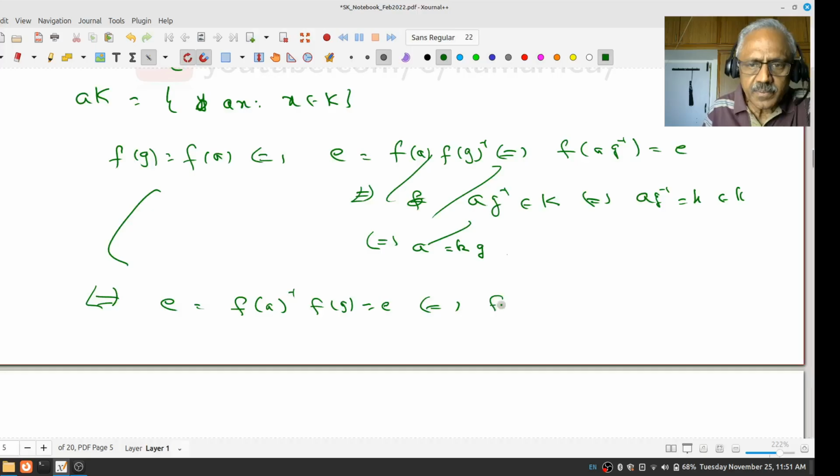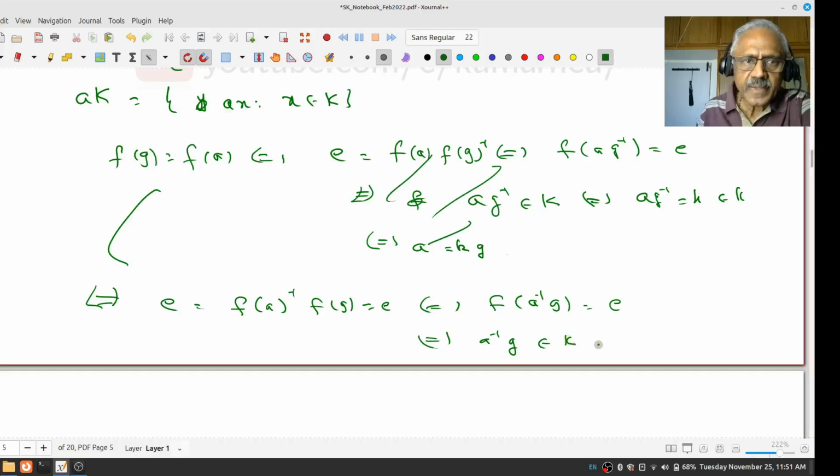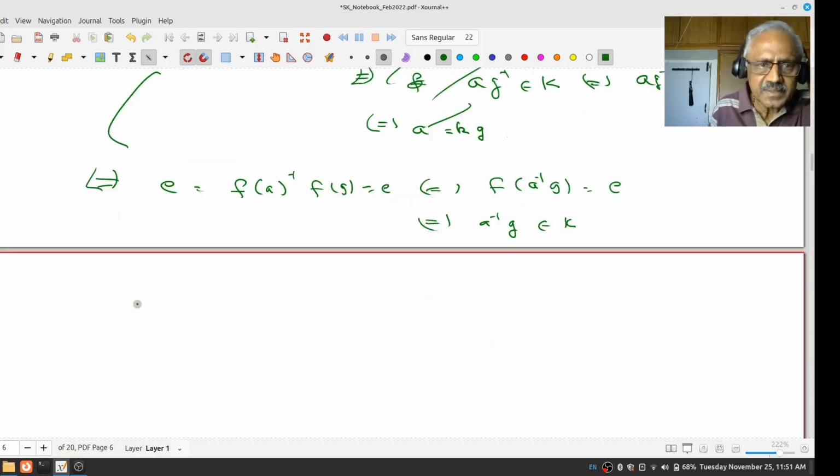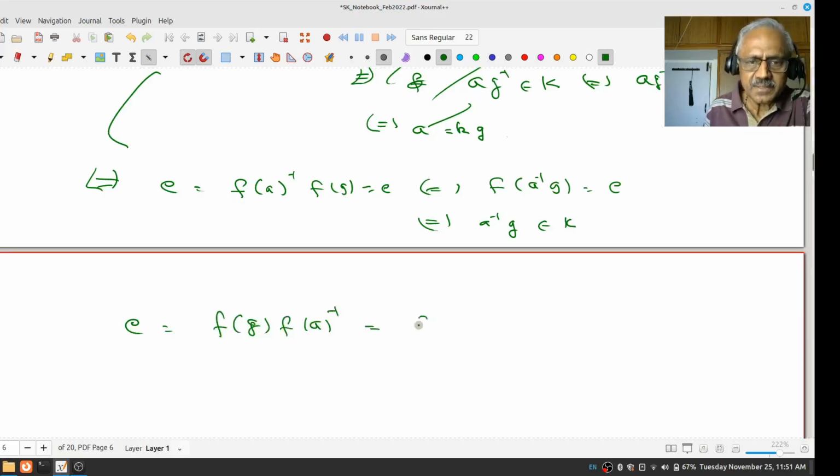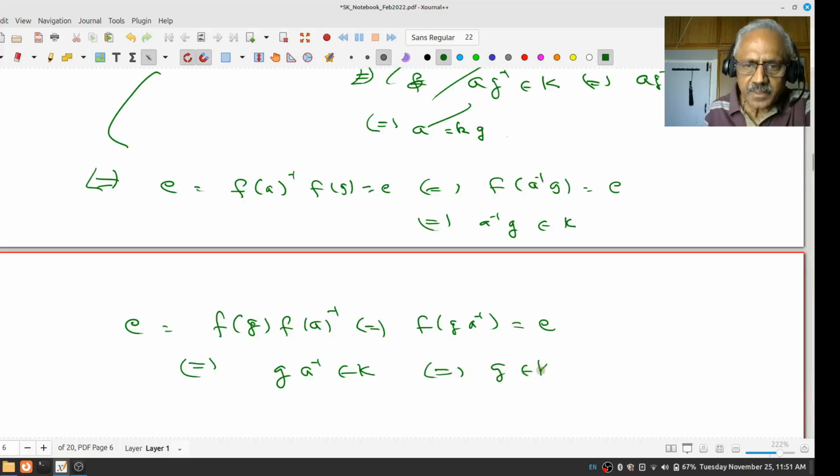That is, if and only if f(a inverse g) is identity, if and only if a inverse g belongs to K. Or let us again do the same thing: f(g) times f(a) inverse is identity, so f(g a inverse) is identity. This is if and only if g a inverse belongs to K, that is, if and only if g belongs to Ka.